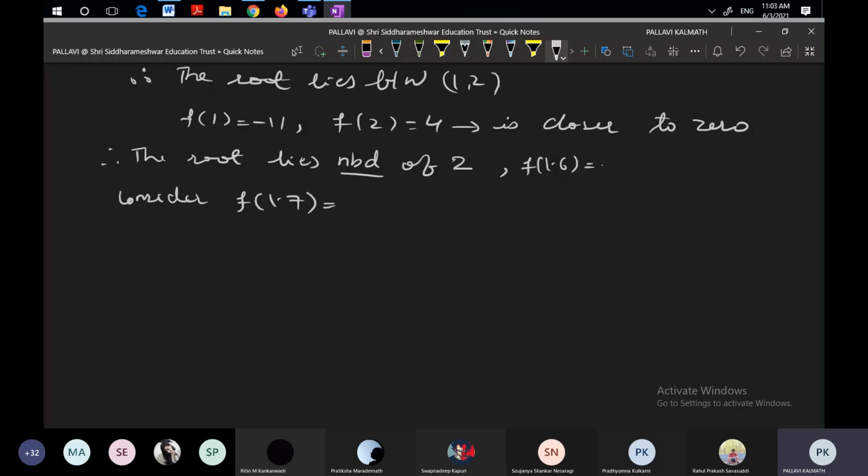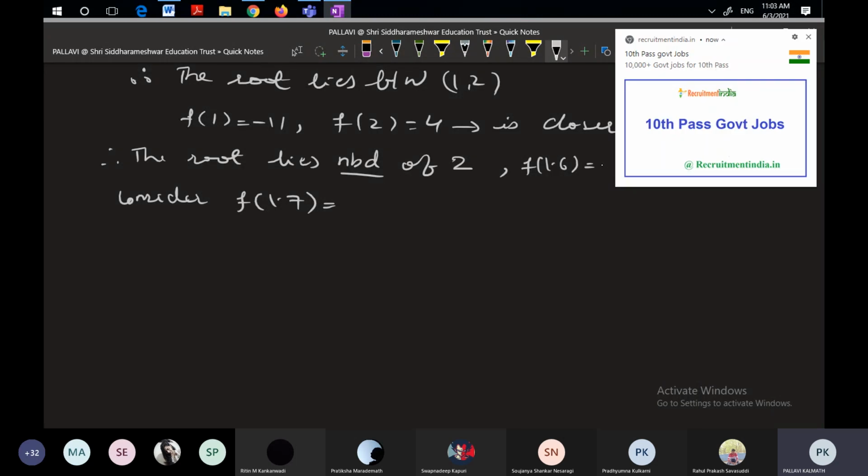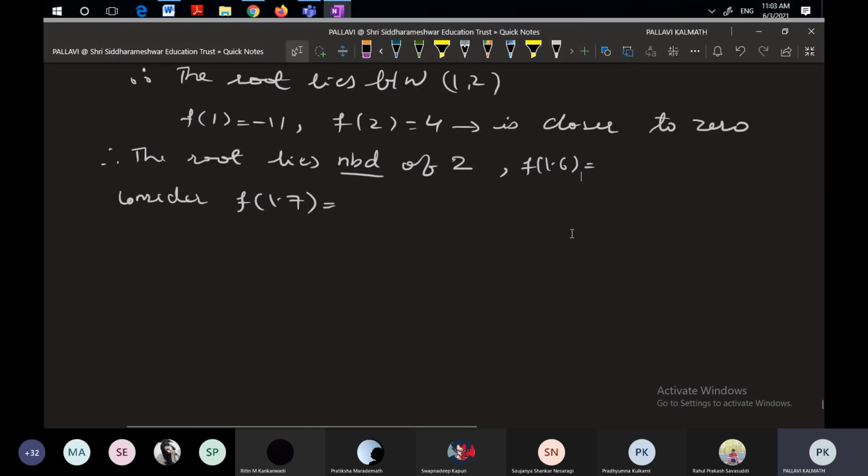And both f of 1.6 and f of 1.7. What is f of 1.6? I guess you remember the equation.